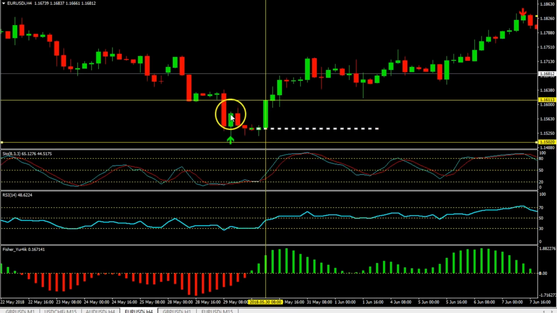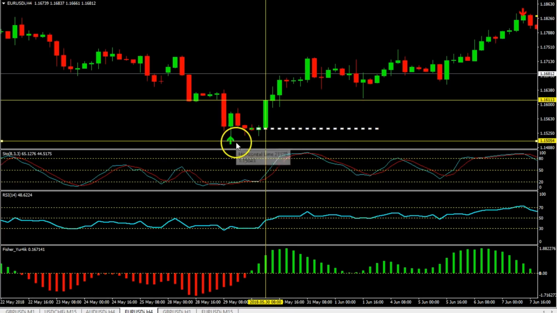Let me see, what was the low? 1510. So it's going to be 1505. There it is, 1505. This is going to be my stop loss.